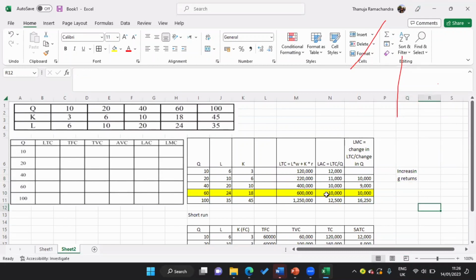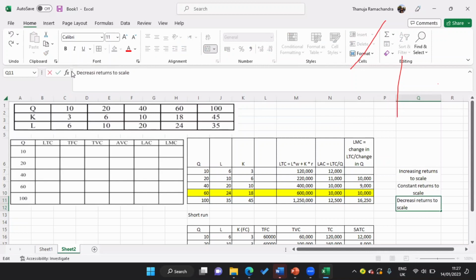And then these two, 10,000, 10,000, we can merge those two, and it is constant return to scale. And in the last one, the 10,000 is picking up as 12,500. So you can see it is decreasing return to scale.